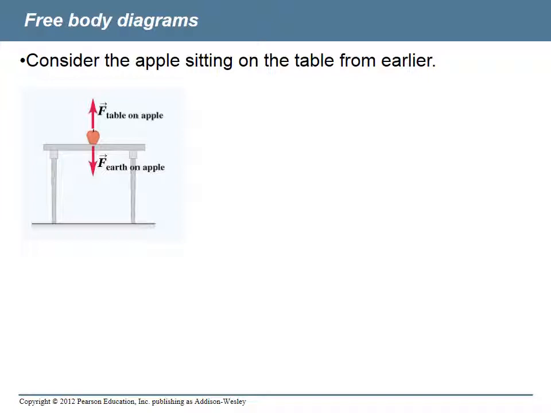But if it has a force acting downward, does it have a force acting upward? If it's not moving, then it must have a force acting upward as well. There are no forces acting to the side. We didn't have any drawn or given to us. So the free body diagram here, we would draw the weight acting down and then a normal force acting up.